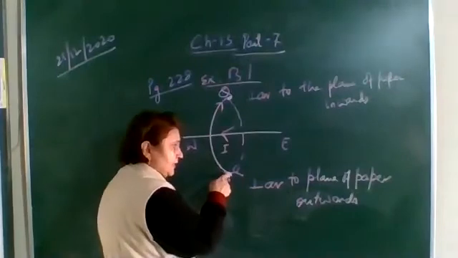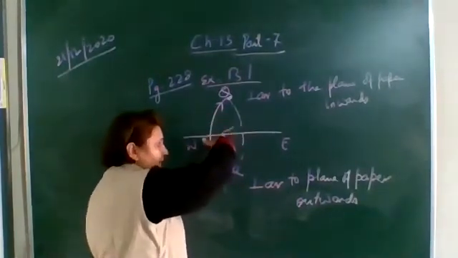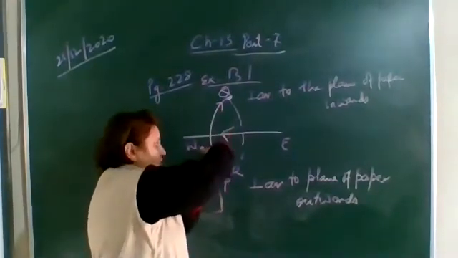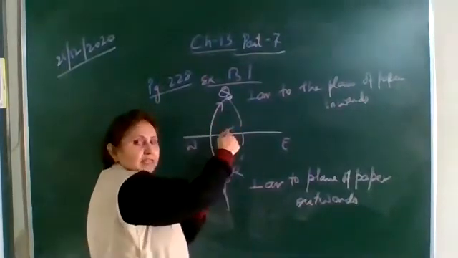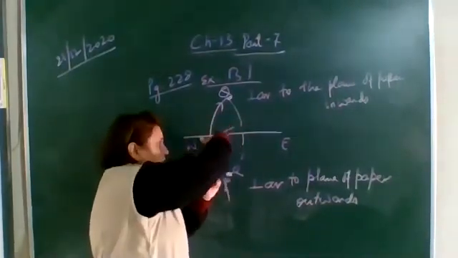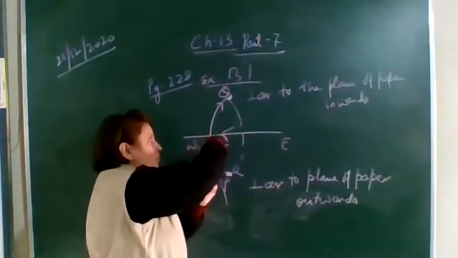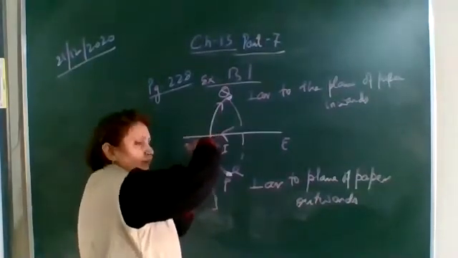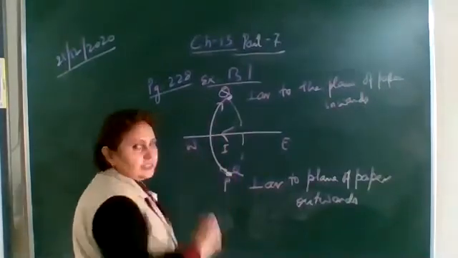If you draw the tangent at this point, you will see that it is perpendicular to the plane of the paper, outwards, coming outwards. This line is inside the plane of the wire, and at this point it will also be perpendicular to the plane of the paper, outwards.